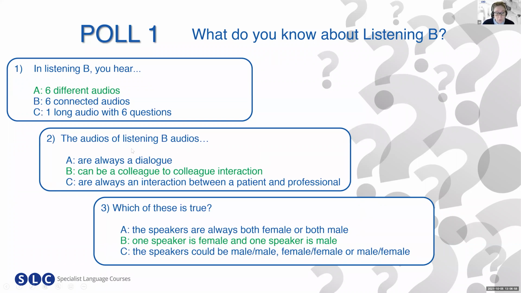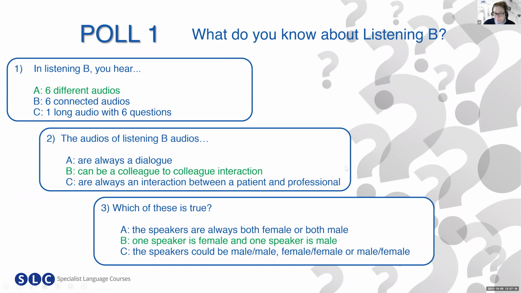The audios in listening B are not always a dialogue. It can be a dialogue or a monologue. It can be a colleague-to-colleague interaction, or professional and patient, but it's not always patient and professional.